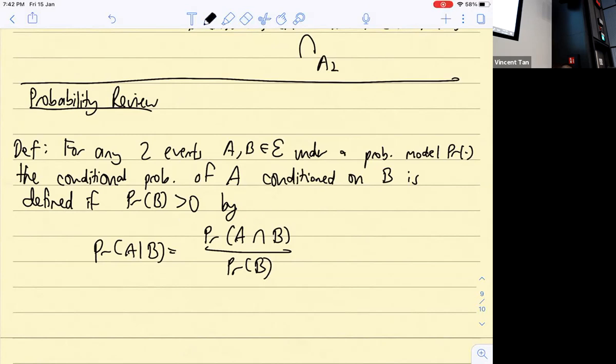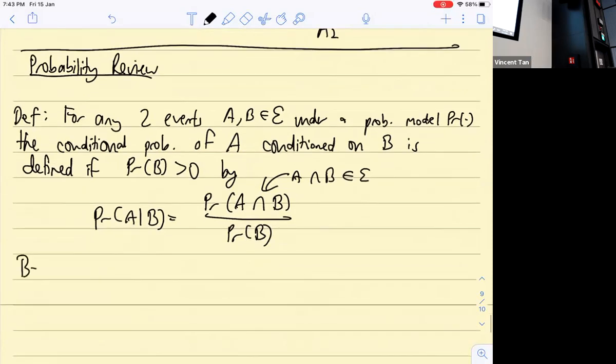Can A intersect B be defined? Can we put A intersect B inside P? Yes, we can, because it is an event. A intersect B is an event, so we can do this. Right.